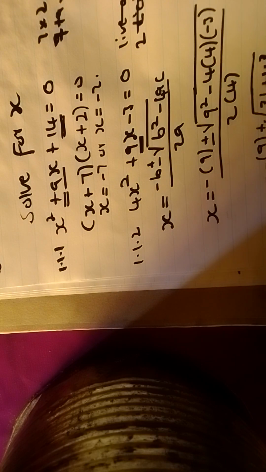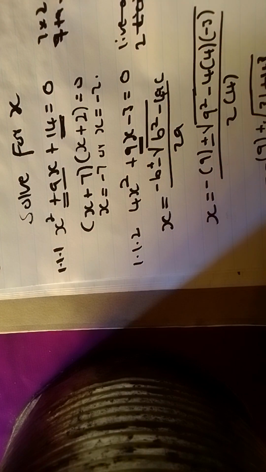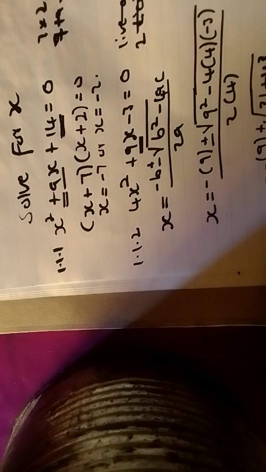Now you use your calculator. The first answer, for positive, will be 0.29. For negative, it is negative 2.54.